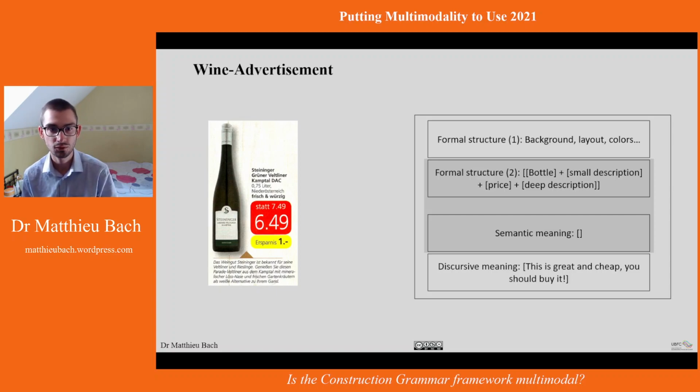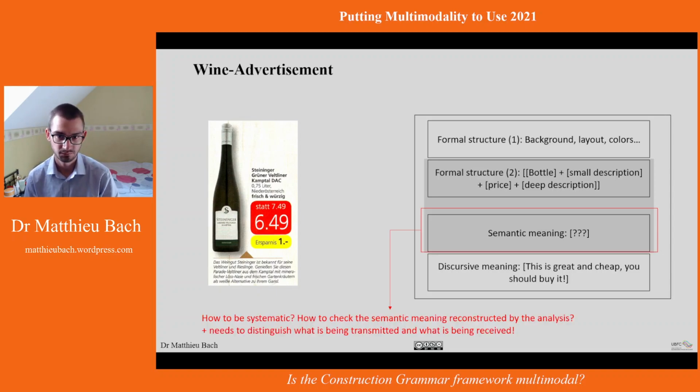You have the formal structure with the bottle, the small description, the price, the deep description. Then you have the semantic meaning, and you have the discursive meaning, which is more or less: this is a great and cheap wine, you should buy it. For the semantic meaning, it's the same question: how to be systematic, how to check the semantic meaning reconstructed by the analysis, and how to distinguish, if we do need to distinguish, what is being transmitted from what is being received.